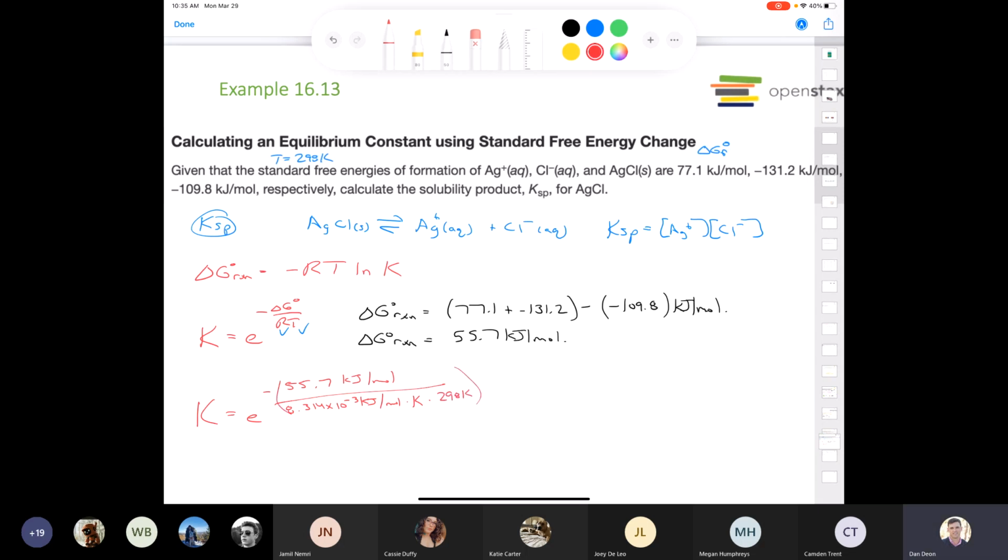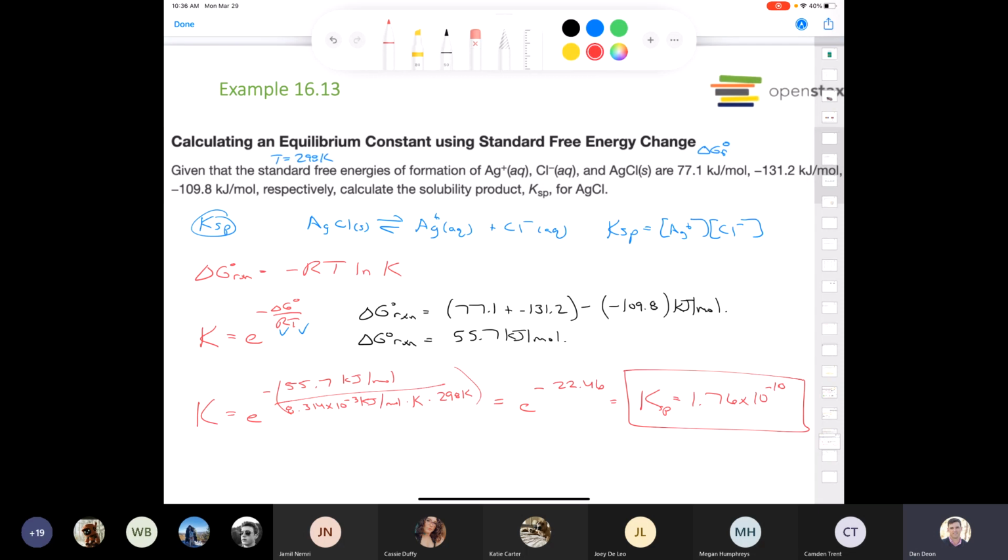I simplified that to e to the negative 22.46. And of course, I should only have 3 sig figs in my final answer because this one has 3 sig figs. So I get a K that's equal to 1.76 times 10 to the negative 10, and that is my Ksp for the reaction.